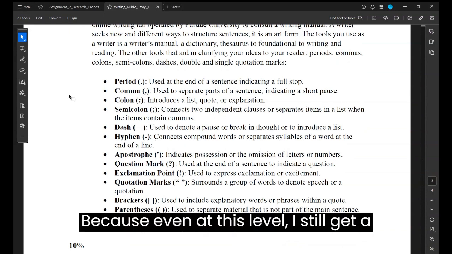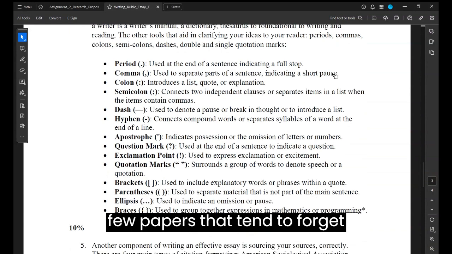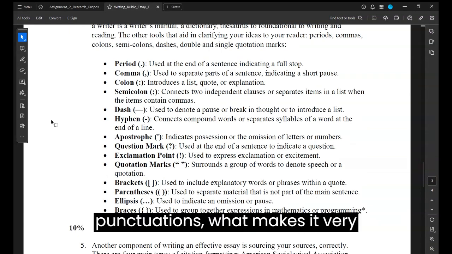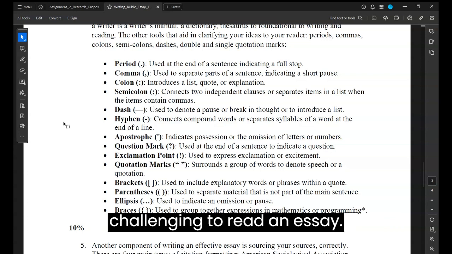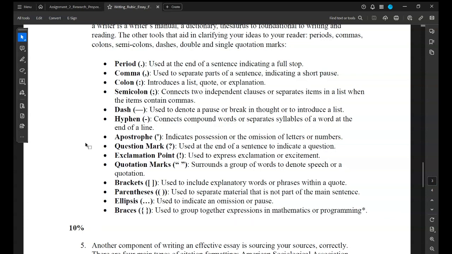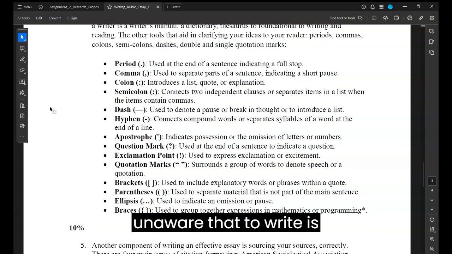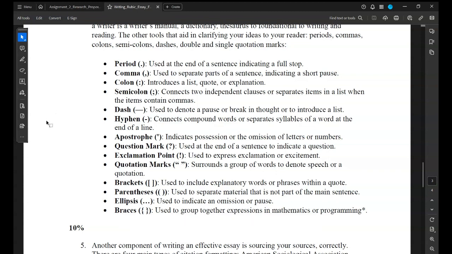Because even at this level, I still get a few papers that tend to forget commas and periods and some of the other punctuation, which makes it very challenging to read an essay. Because you definitely have to be aware that to write is not the same as to speak, right?